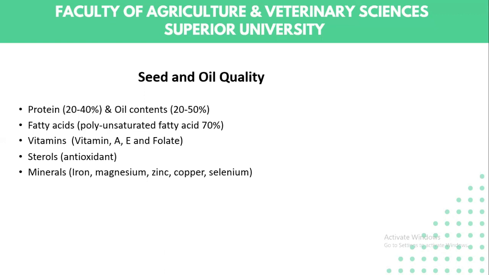So that's why we do not recommend very high polyunsaturated fatty acid in cooking oils. It is good for human health if you use it as a salad spread, or you just take a spoon of oil. If it is rich in polyunsaturated fatty acid, it's good for your health. It will give you a lot of health benefits. It contains vitamins A and E and many other things.